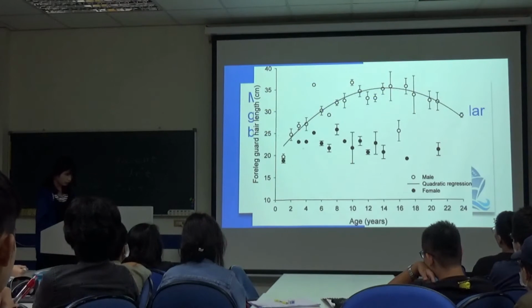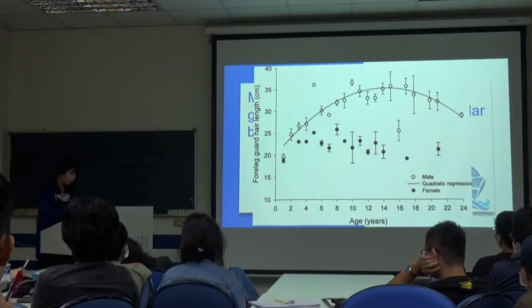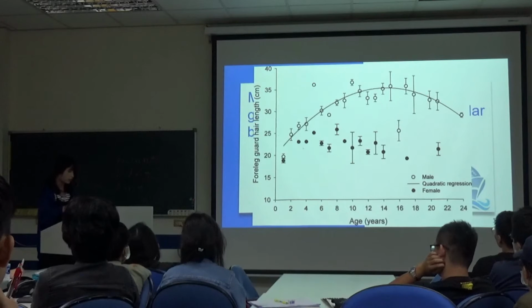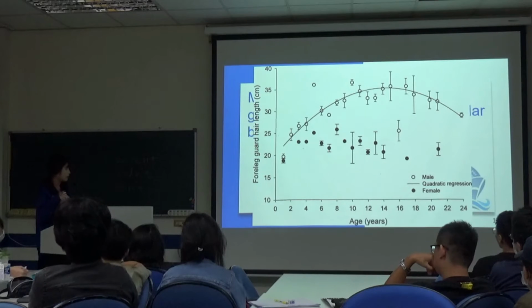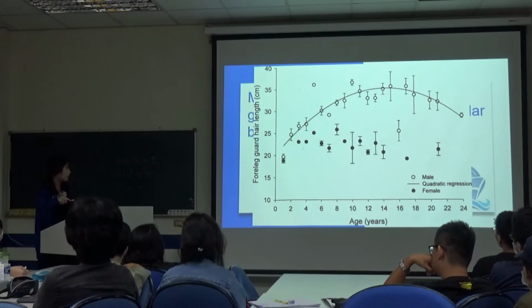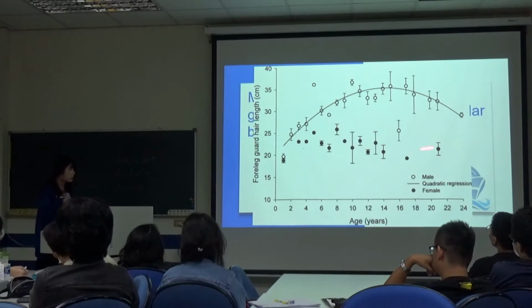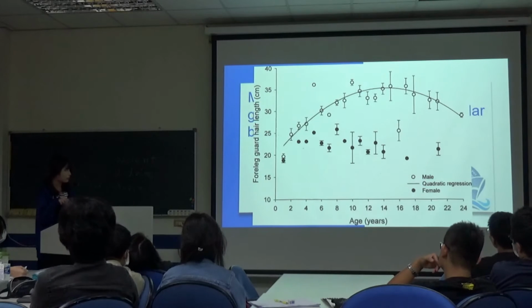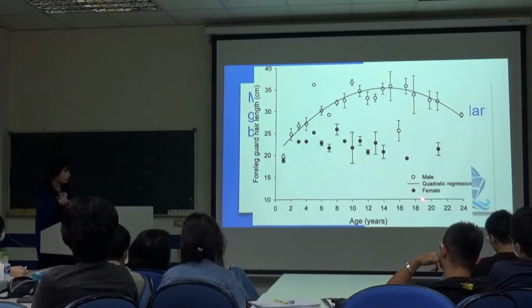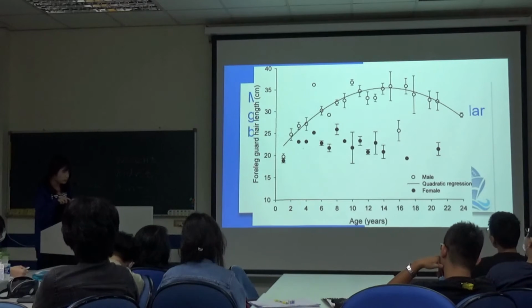Next, I show you the data about foreleg gray hair length of polar bears. The x-axis is age, and the y-axis is gray hair length. The white dot is male, and the black dot is female, and the line is the regression line.